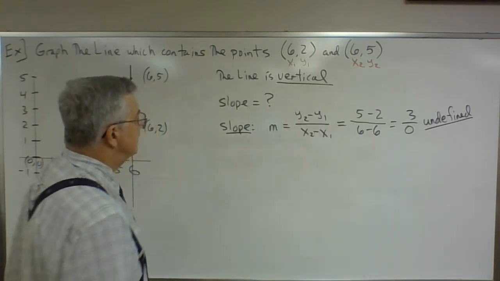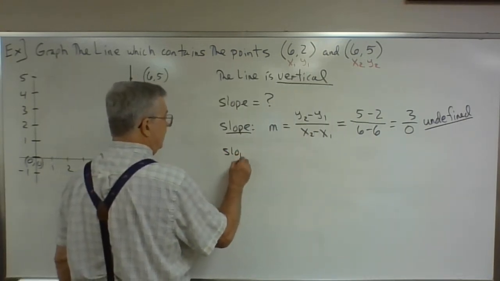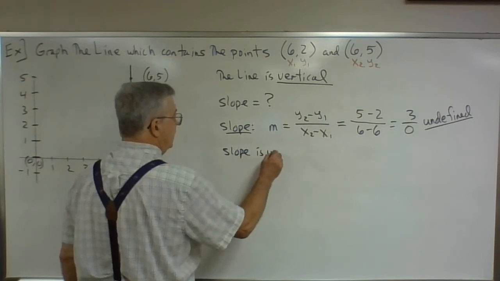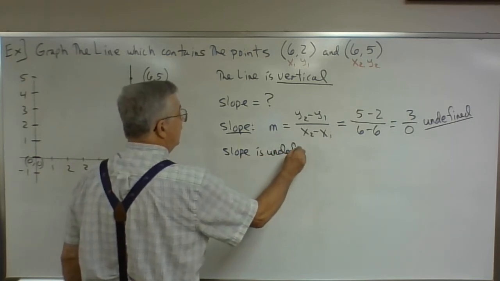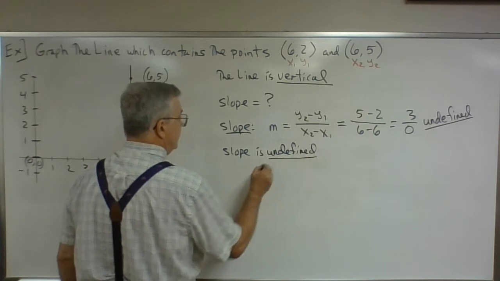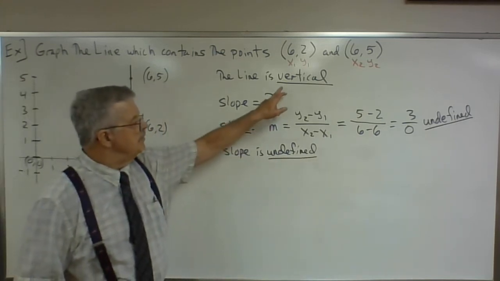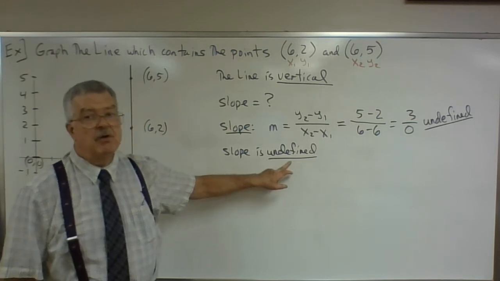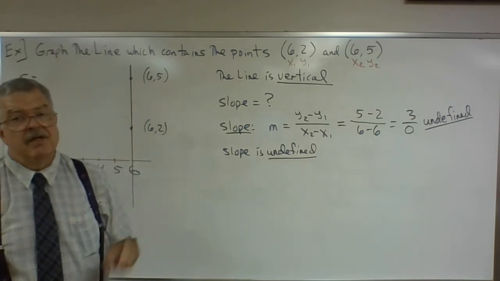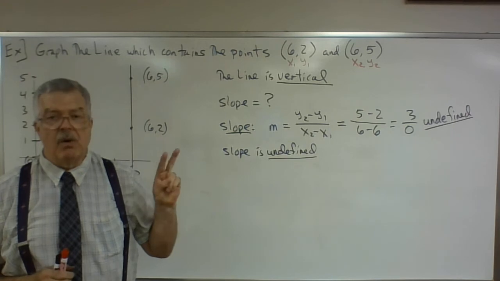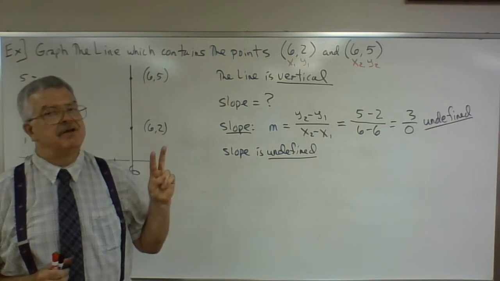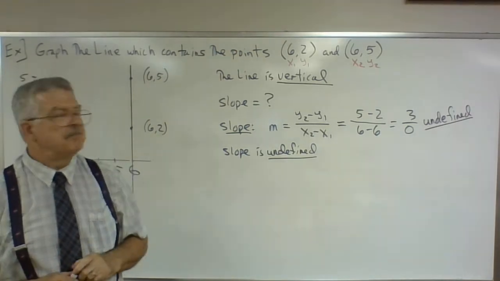Huh. So we have a line that's vertical and its slope is undefined. These two things always go together. You don't see one without the other.